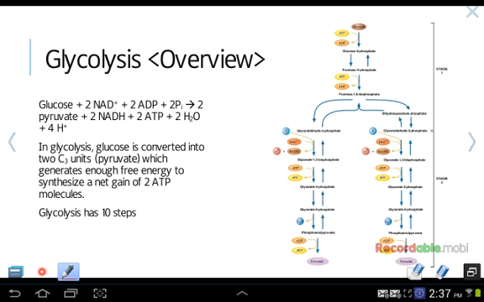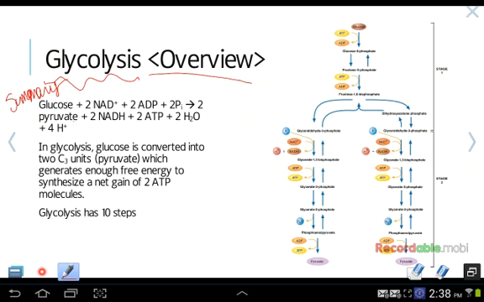So once glucose is brought into the cell, we undergo glycolysis. So here's our overview, or our big picture of glycolysis. Our summary of the reaction is that you have glucose plus 2 NAD plus 2 ADP plus 2 inorganic phosphates yields 2 pyruvate plus 2 NADH, 2 ATP, and 2 water molecules plus 4 protons.